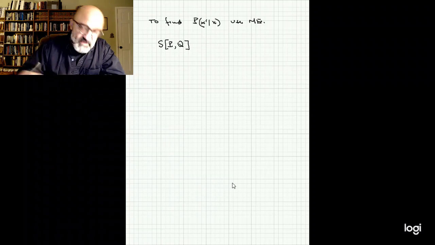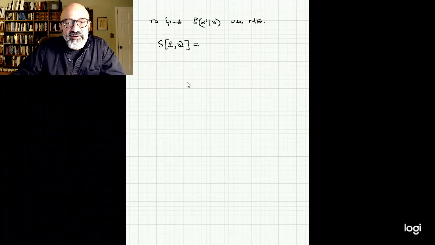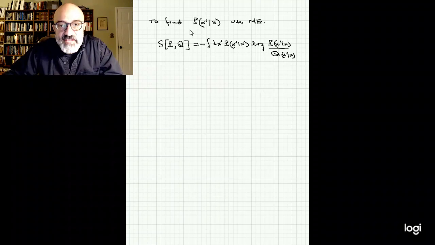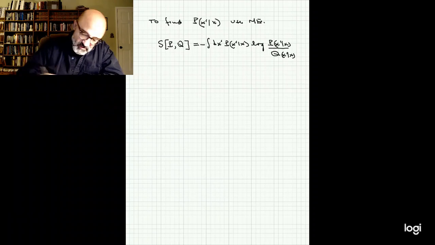You maximize the entropy of this transition probability relative to a prior, like that, subject to the appropriate constraints.